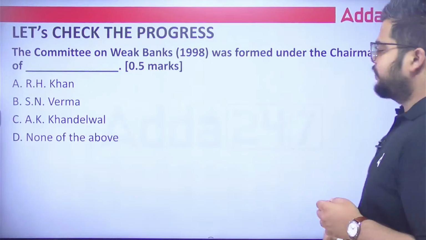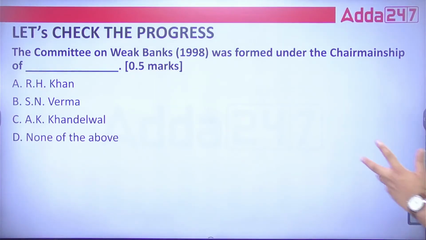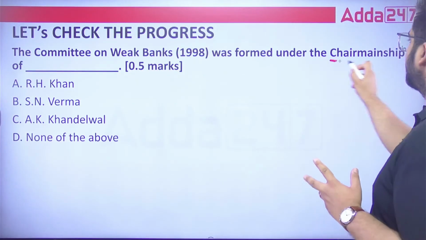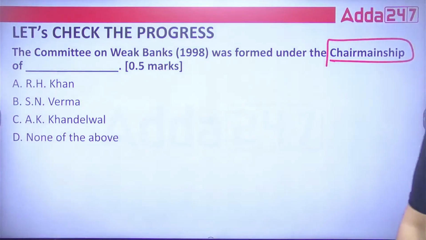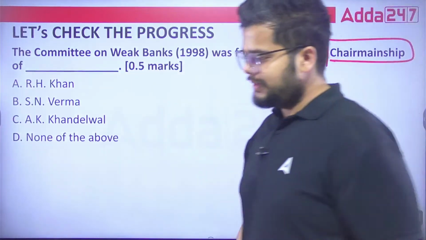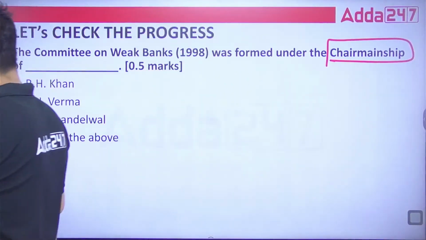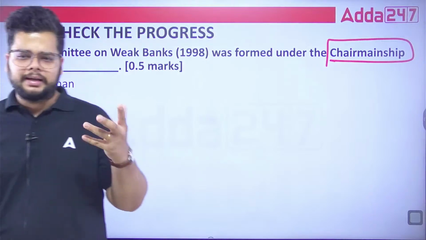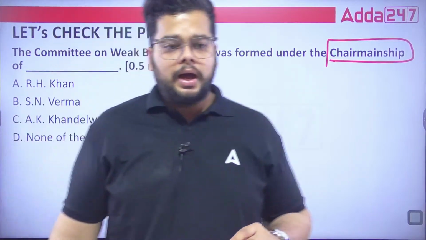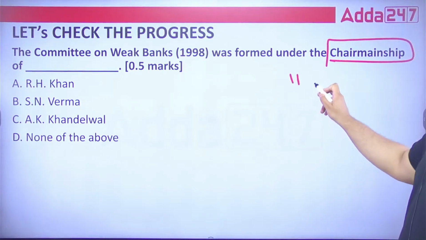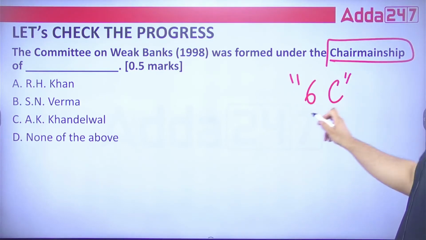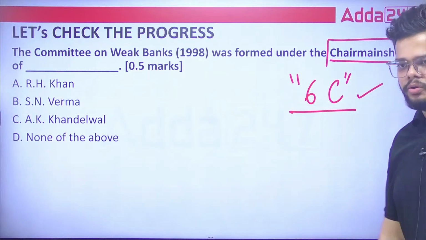Now, this question is very important because it directly asks you the chairman of a very important committee, that is Committee on Weak Banks. See, there are in total 6 important committees, although there are 21 committees which are meant to be learned, but for our exam we will focus on 6 committees only, and that will do the job.